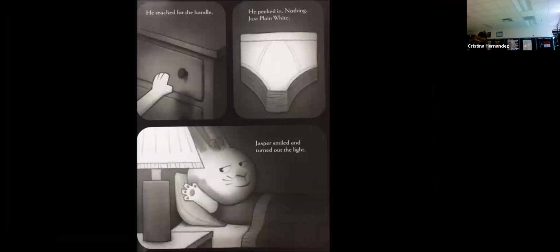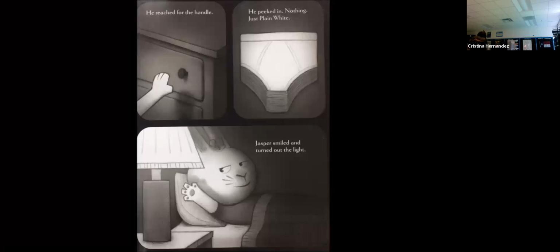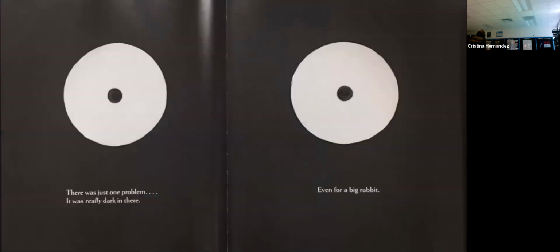He reached for the handle. He peeked in. Nothing. Just plain white. Jasper smiled and turned out the light. There was just one problem. It was really dark in there, even for a big rabbit.